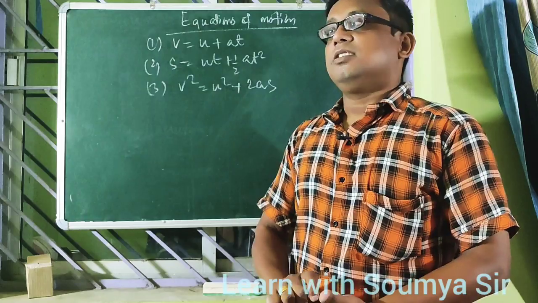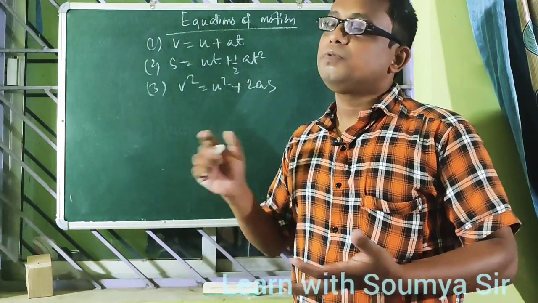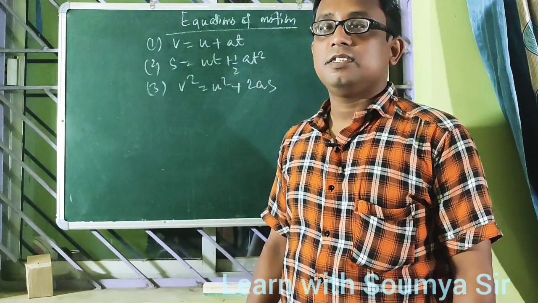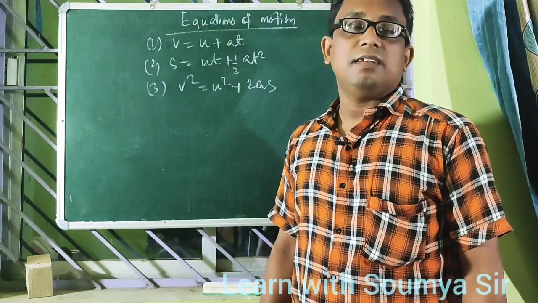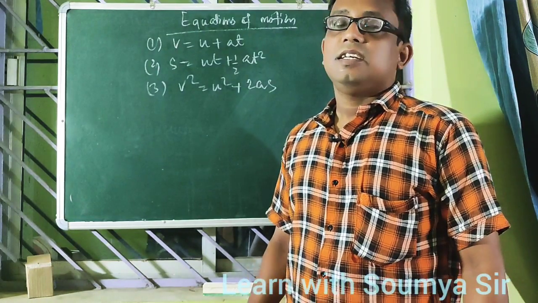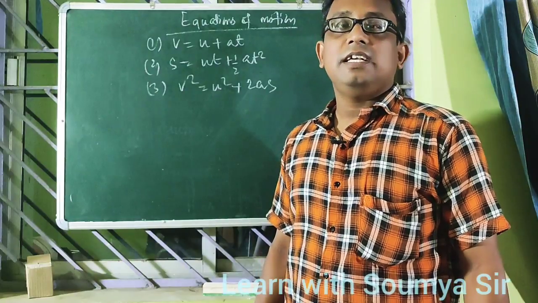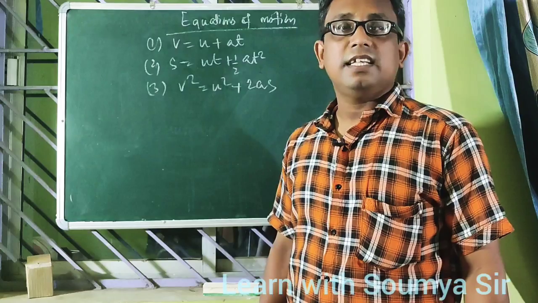There are two methods to explain or to prove these three equations. One is the graphical method, another is the analytical method. Another method is the calculus method, which you will read in class 11 and 12. But here in class 10 there are two methods.